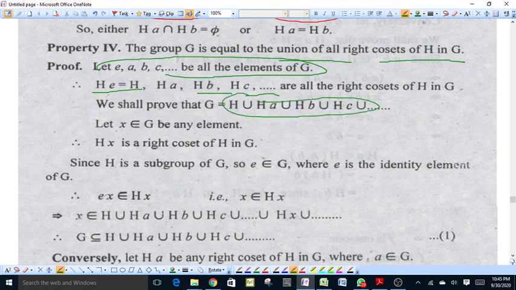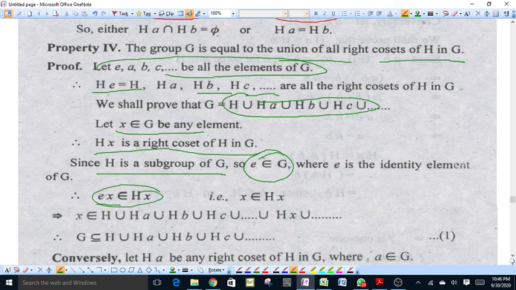Let x be an element of G, and Hx is a right coset of H in G. Also, because H is a subgroup of G, the identity element of G is also the identity element of H. That is, ex also belongs to Hx, the right coset of x in G. ex is equal to x, that implies x belongs to Hx.